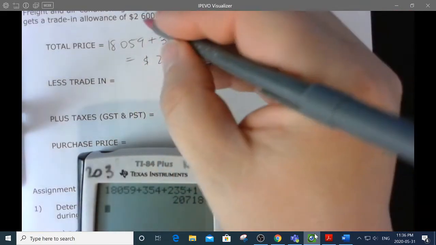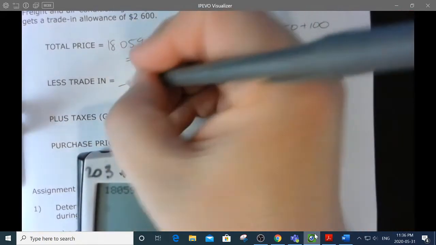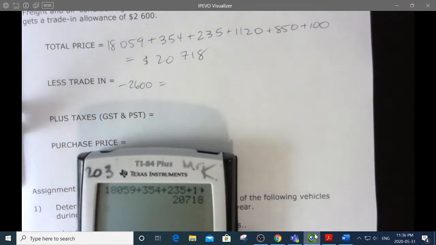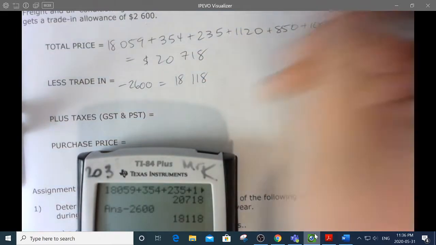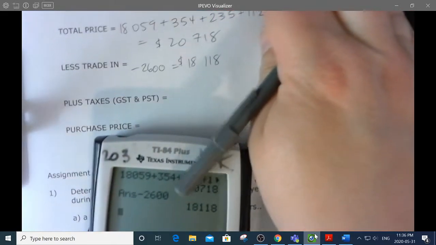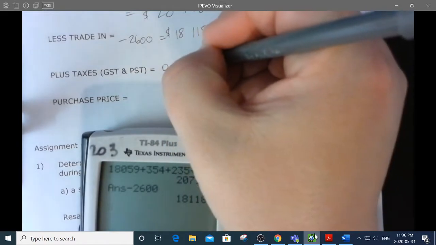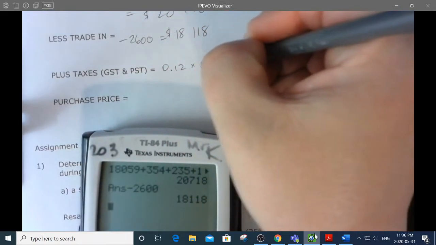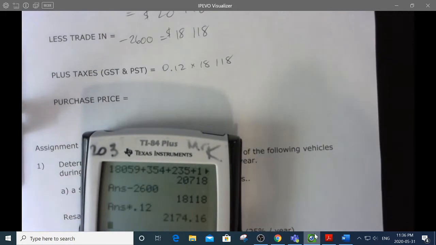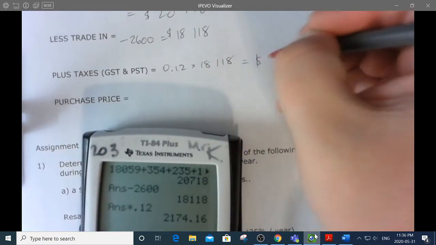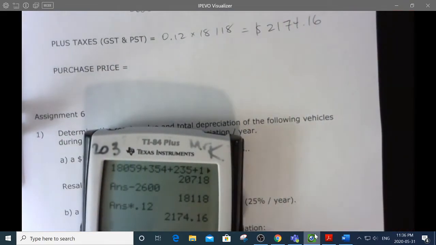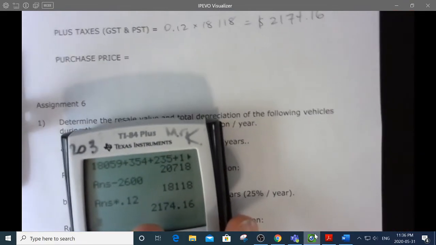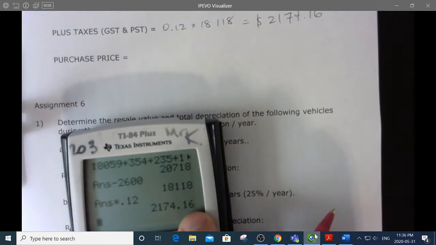He has a trade-in of $2,600, so we minus the $2,600, and now we have $18,118. And we want PST and GST on that, so we want 12% of $18,118. So times 12. And that's $2,174.16 in taxes.